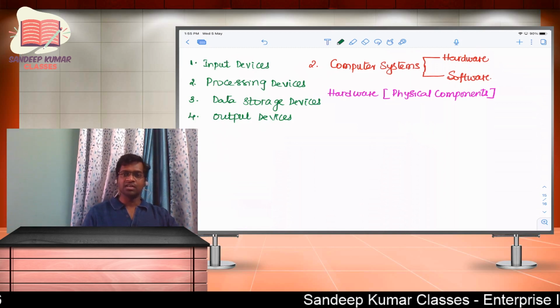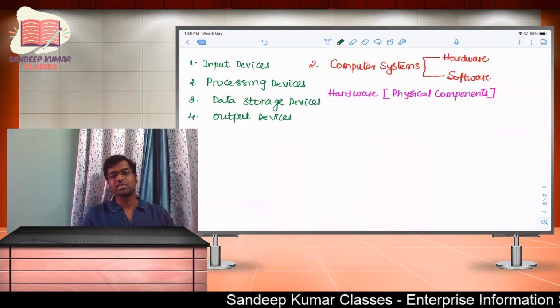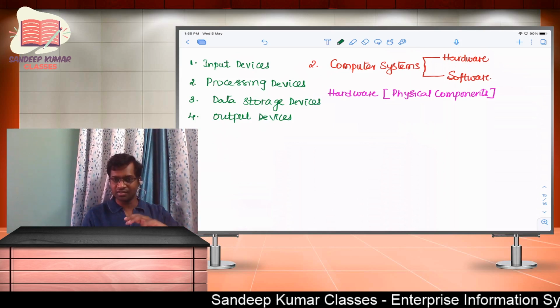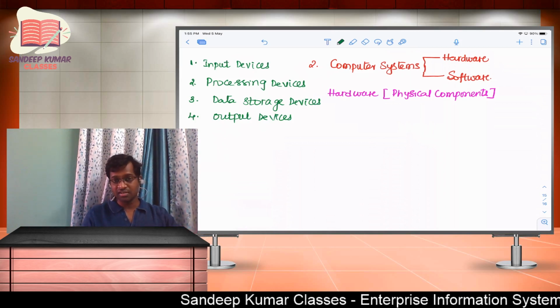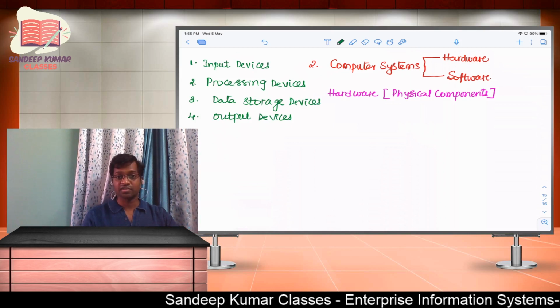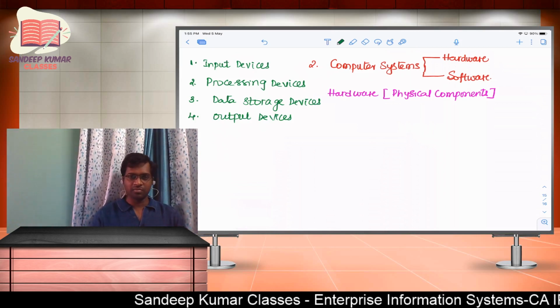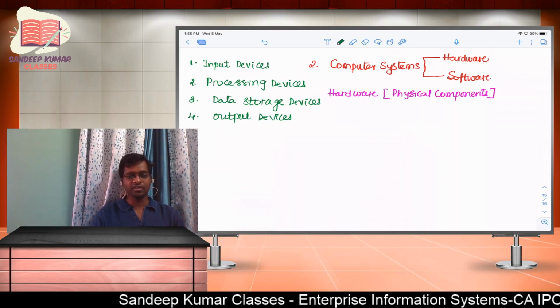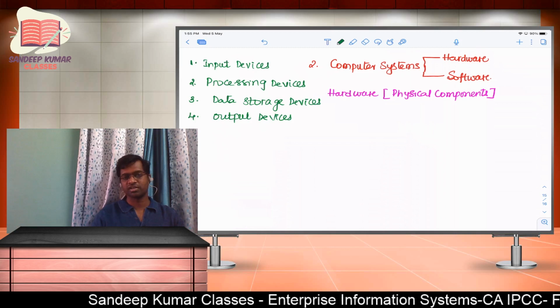Next point, these hardware devices are further classified into four types: input devices, processing devices, data storage devices, and output devices. This is how you frame your own sentences, but the words should be from the ICAI prescribed study material, because those are the appropriate words in that particular context. That is the reason we are supposed to write those particular words.